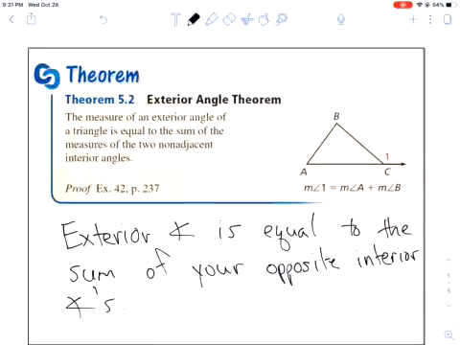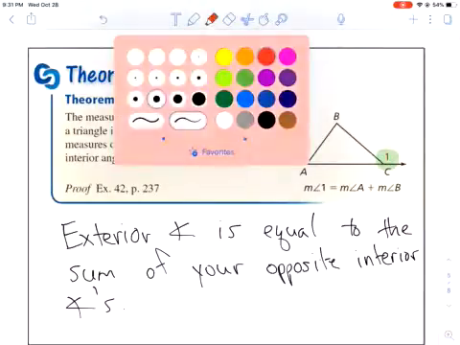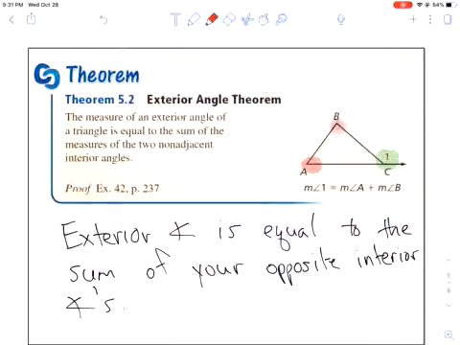So essentially, if I have some exterior angle 1, that's going to be equal to A plus B. And that's the exterior angle theorem. So when we start solving these, we've got to pay attention to which theorem we're going to need to use. So let's go ahead and try these out.